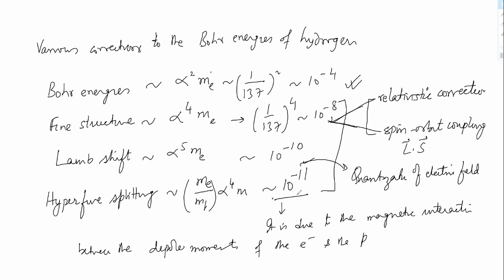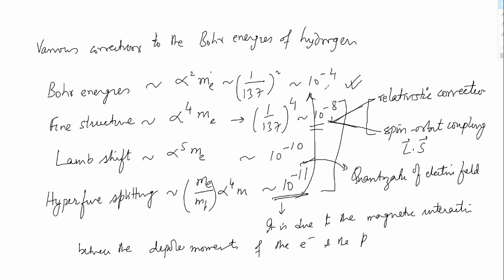As you can see yourself, the magnitude of this is almost 1000 times smaller than the fine structure, and this is more than a million times smaller than what we get from the basic concept of an electron interacting with a proton through Coulombic interaction inside the hydrogen atom, where we solve the time independent Schrodinger equation to obtain the energy, and these are all the corrections to the energy.